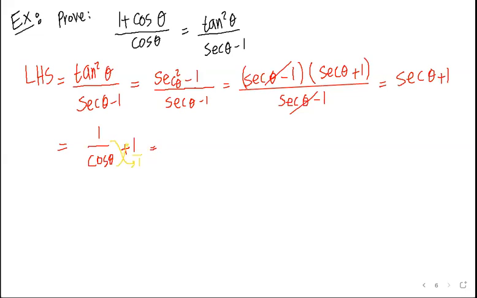So I get cosine of theta plus 1 over cosine of theta. And this is equal to this side, equal to the right hand side. Perfect.